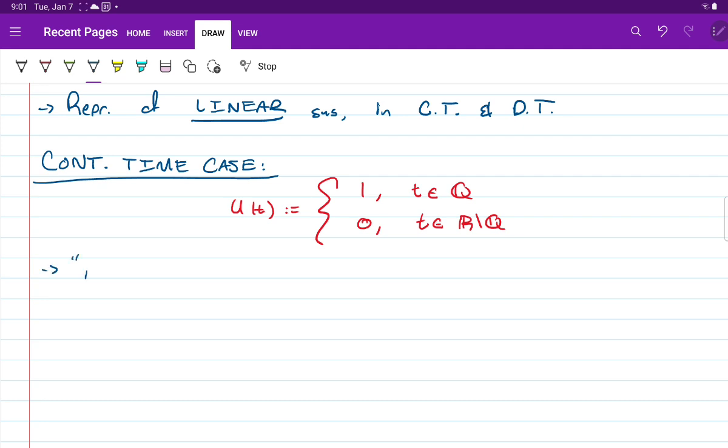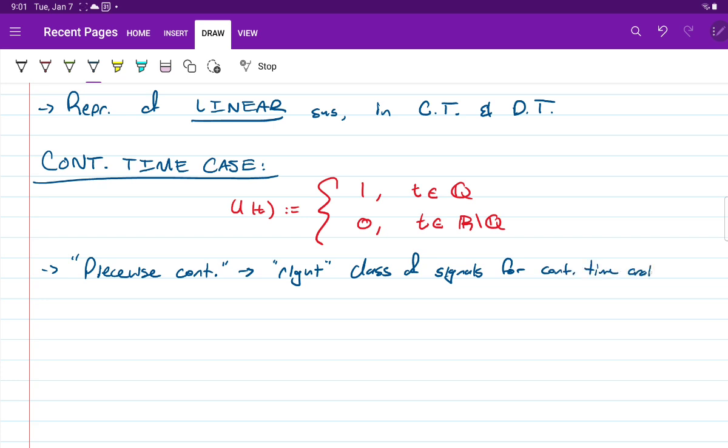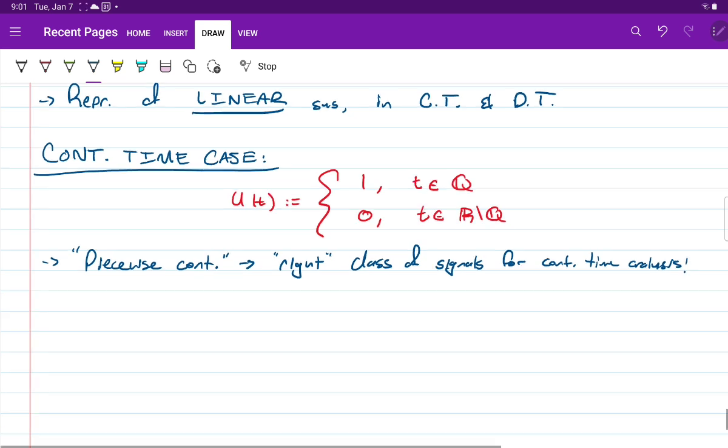In some senses, this is the right class of signals for continuous time analysis. Again, we'll talk about the reasons for this later. Let me give a formal definition.